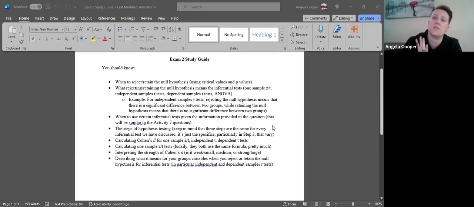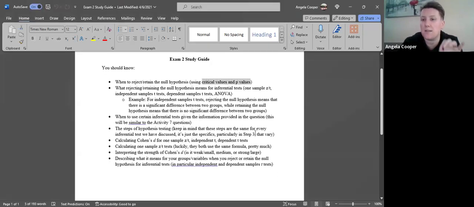T tables give us critical values, Z tables give us p-values. Keep in mind that those two are different ways to determine significance. When we get our value from the Z table, we compare that p-value to alpha. And when we get our critical value from the T table, that is compared to whatever we calculate in step 3, our test statistic.